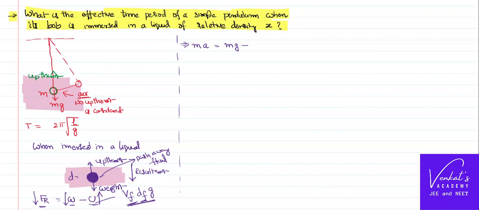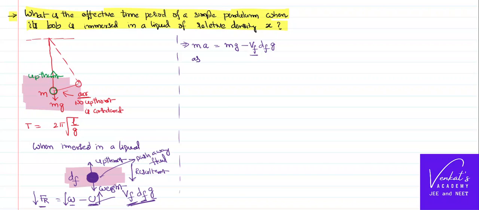The density of the fluid, let's assume, is d_F, and g is the gravity. So in place of upthrust, I can write volume of the fluid displaced, density of the fluid, and acceleration due to gravity. But be careful here: as the bob is completely immersed in the fluid, the amount of fluid displaced is equal to the volume of the bob itself.